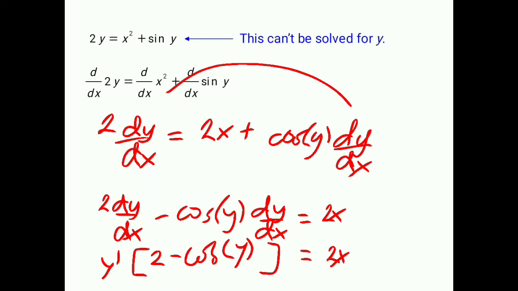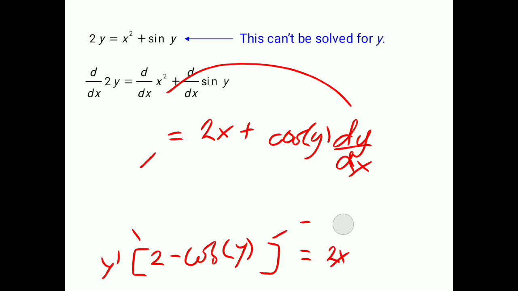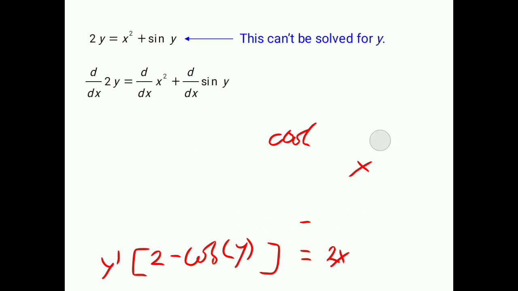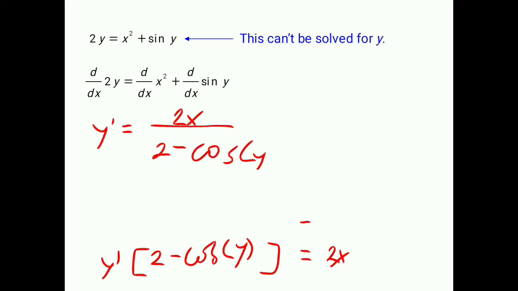Then divide both sides by 2 minus cosine of y. Okay? So dividing, di ba? That's just y prime is equal to 2x over 2 minus cosine of y. So take note na si y prime saka si dy dx is pareho lang.